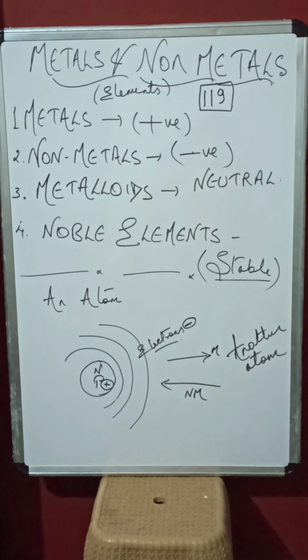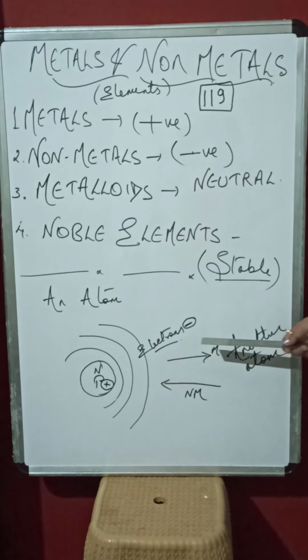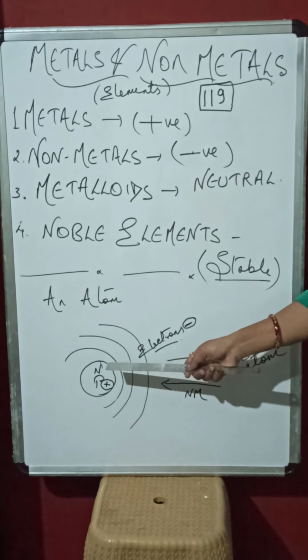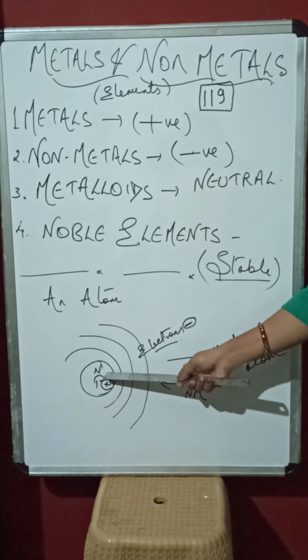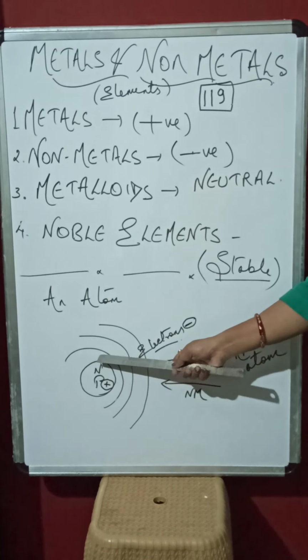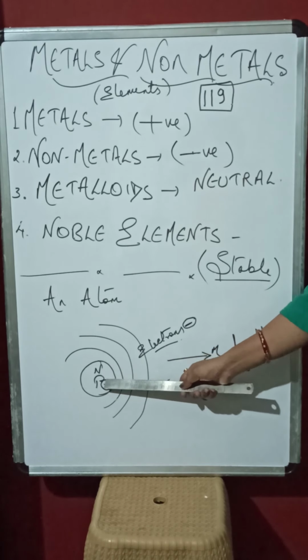Now what happens? Suppose during any reaction, some of the electrons are given away by this atom to someone else. Hence, this atom now becomes deficient in electrons, or we can say the number of electrons is reduced and the number of protons is increased. So, this atom will be known as a positive atom or a positive ion.